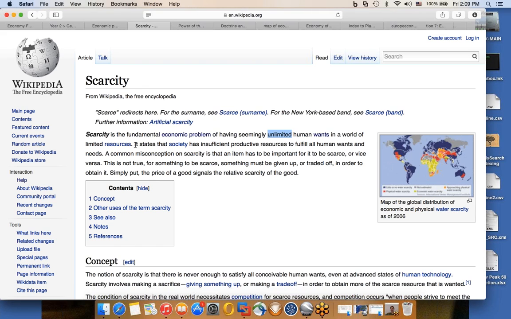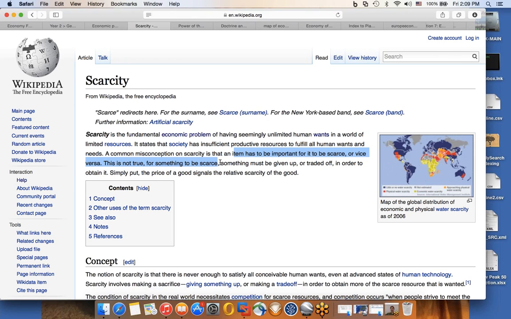Those economic wants are unlimited, they are infinite, and that is an interesting proposition in itself, something to think about. Scarcity states that society has insufficient productive resources to fulfill all human wants and needs. A common misconception on scarcity is that an item has to be important for it to be scarce, or vice versa. This is not true.